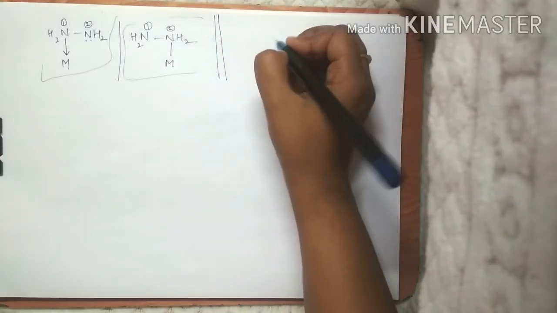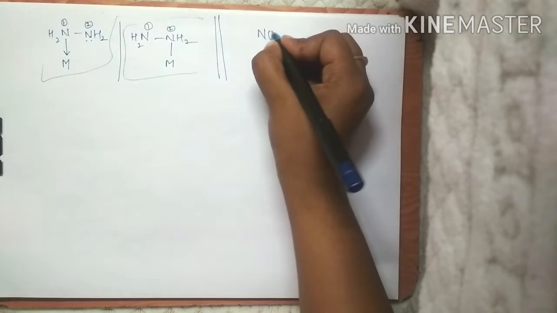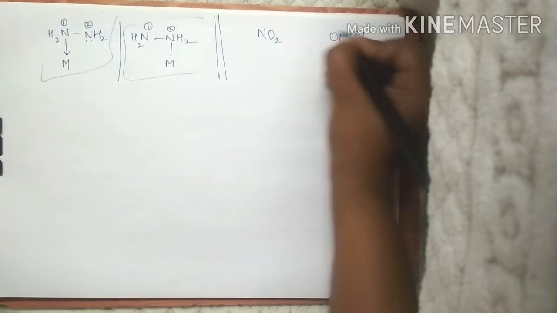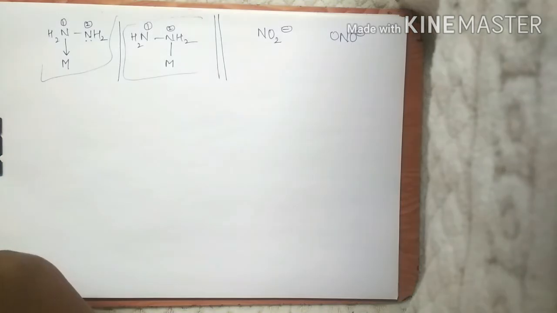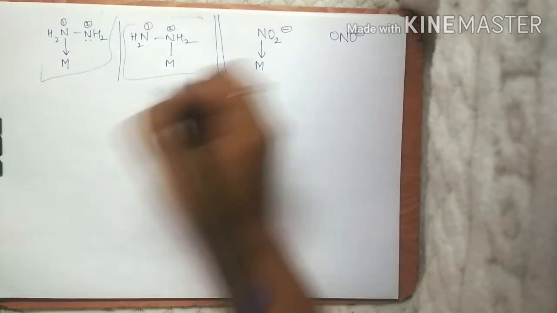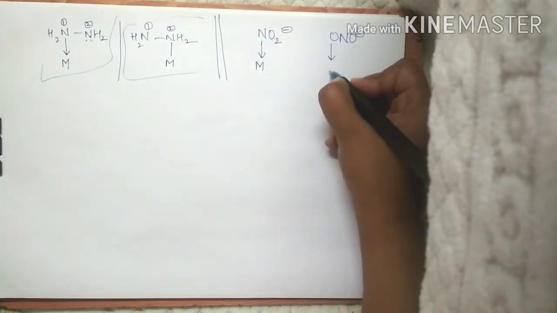Now if I talk about the case of NO2 and ONO negative, suppose there are two ligands, right? Here NO2 is donating electrons to the central atom, and here oxygen is donating.